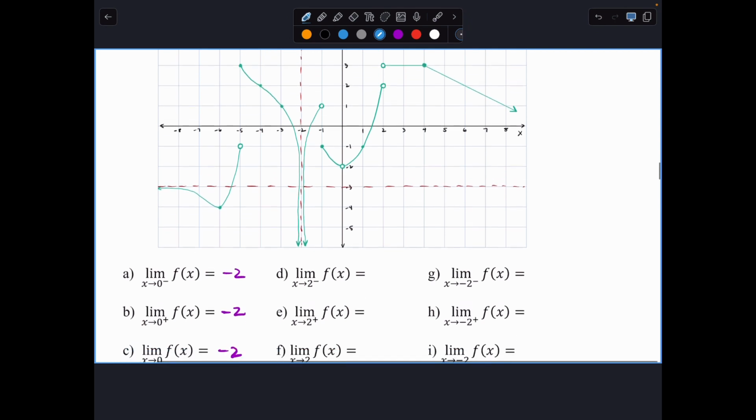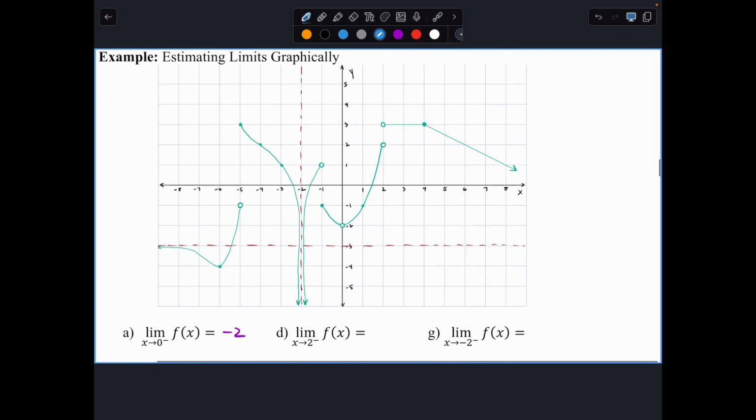Okay. D, as x approaches 2 from the left. Going in the neighborhood of 2 from the left, as x approaches 2, it seems like the function values are approaching 2. Do we see that? If we don't see it, let's talk about it more.